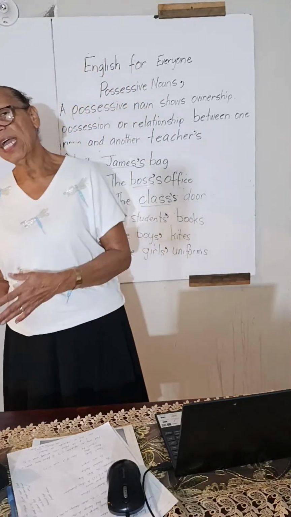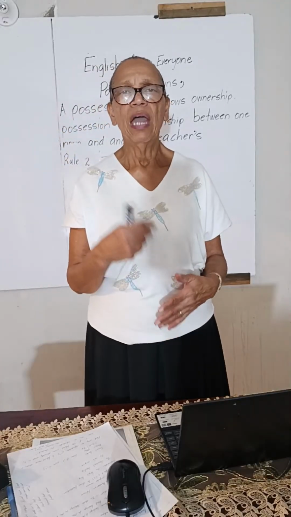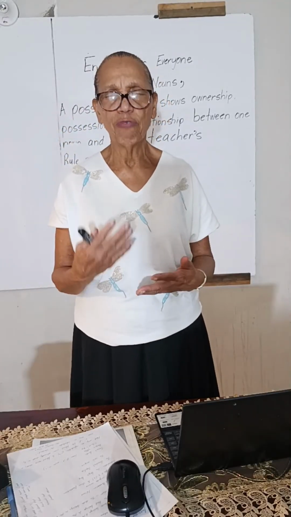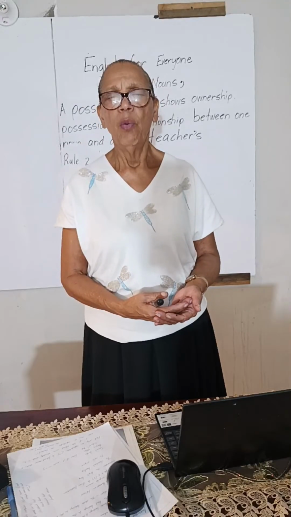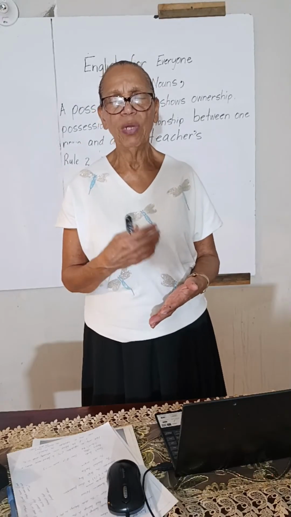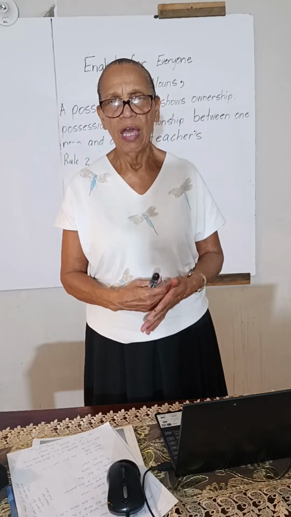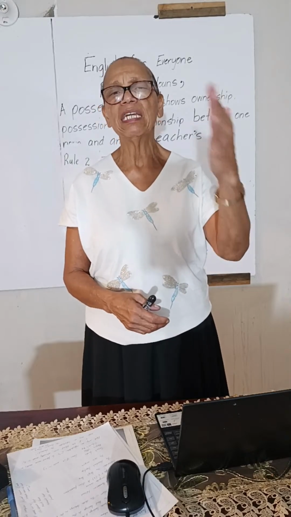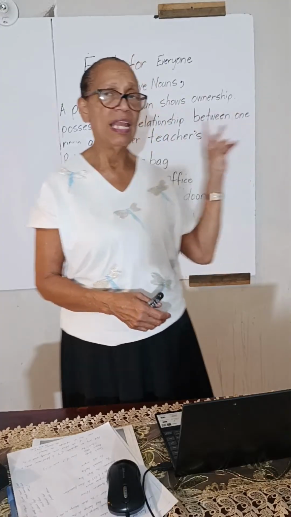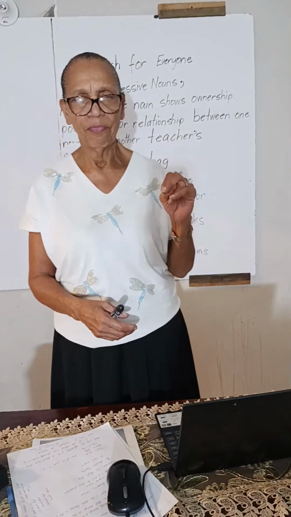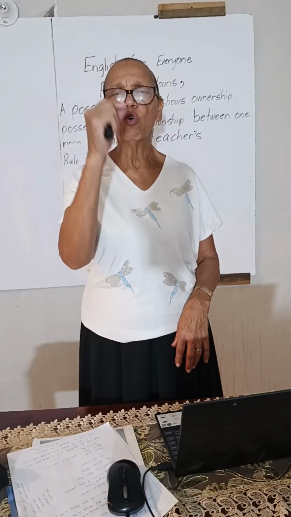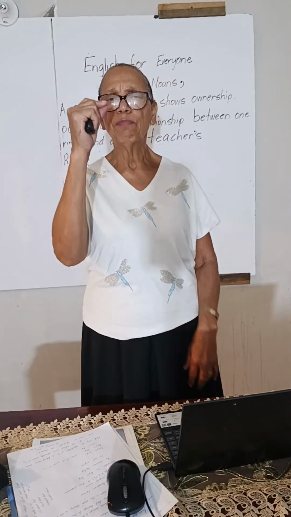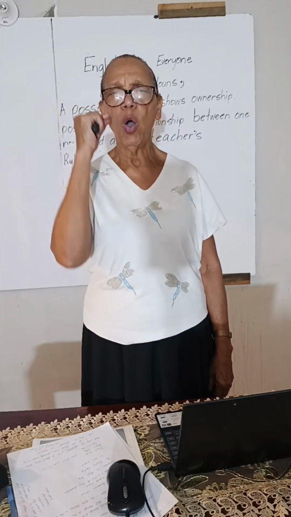So let's go over it again. As I said, we have to go over it many times so that we can remember. When it's a singular possessive noun, the apostrophe goes on the inside, between the last letter and the S. When it is plural, it goes on the outside.